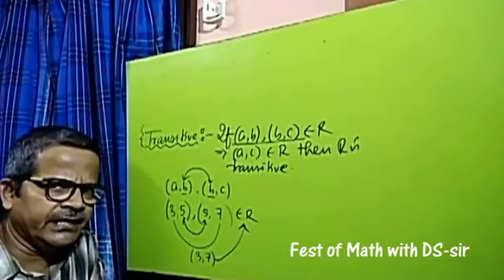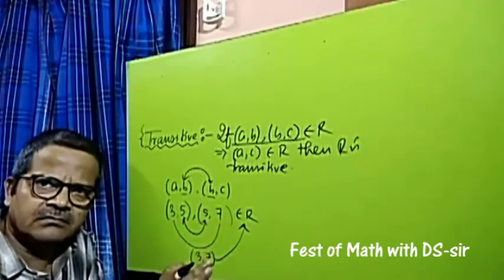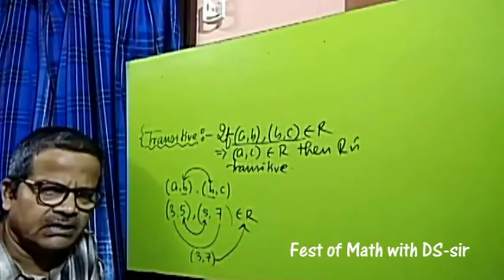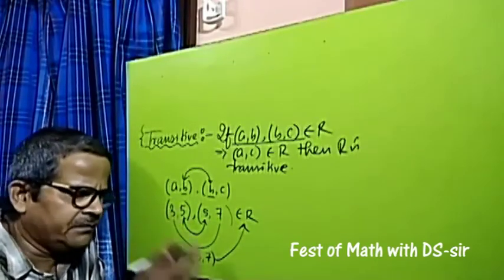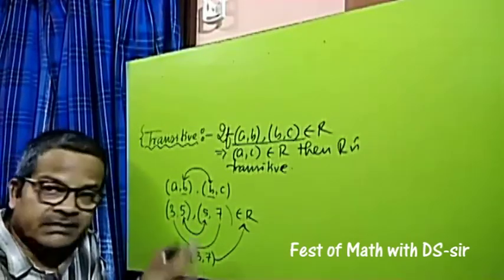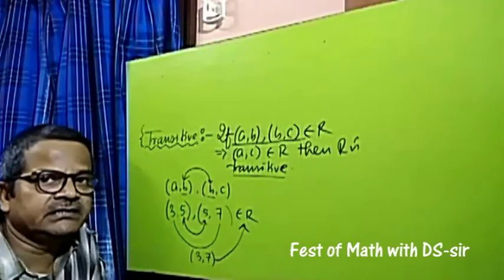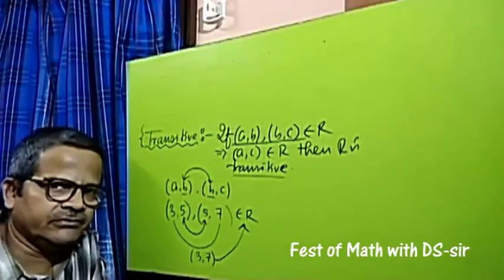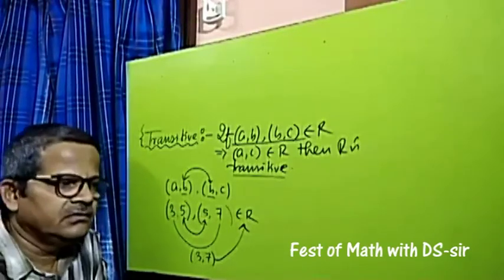If for all such cases the pair obtained by eliminating the common element belongs to R, then only we call the relation transitive. Then only we call the relation transitive. Clear?